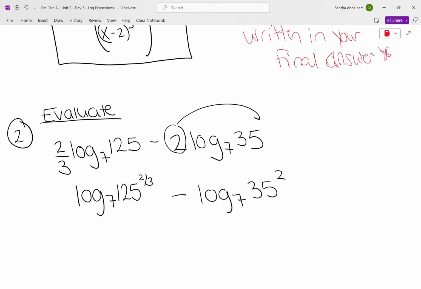Anything more I can condense on the left side? Anything more I can condense on the right side? No. So because of the minus now, I can change this into what? Division. When I now change this to division, how many logs should be written? Just one log. So this is going to be log base 7, and my argument is going to be 125 raised to the 2/3 over 35 raised to the 2nd.